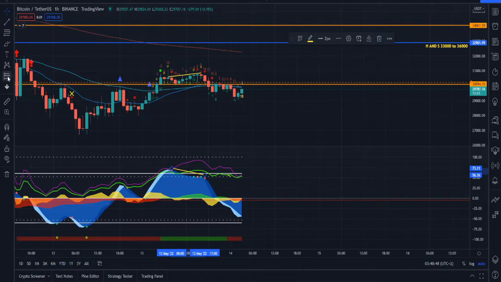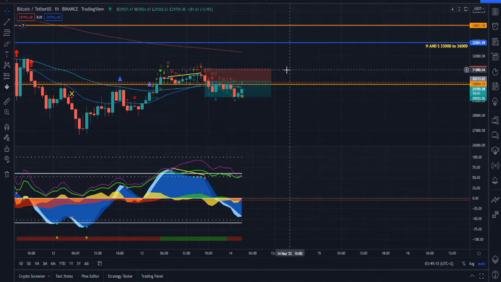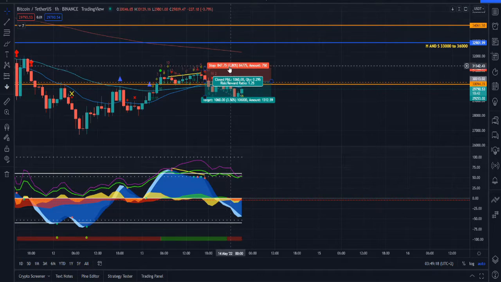So we can enter here, or if we look on the lower time frames and spot something bearish or another divergence, we can maybe enter earlier. So let's say we enter here, put the stop loss above the last swing high, this or that, which you prefer, and then adjust the position size and the leverage so you risk approximately 2% of your account at maximum.